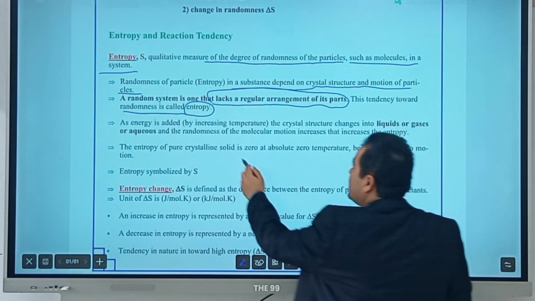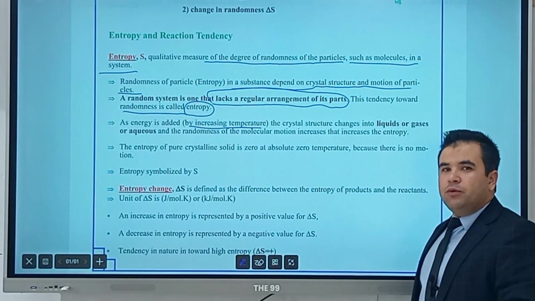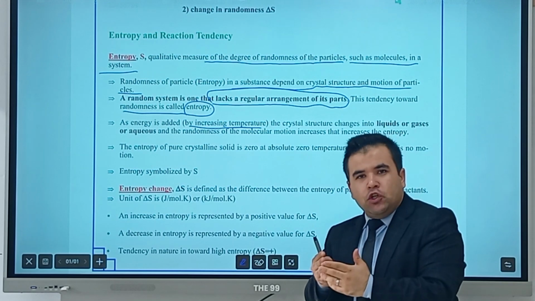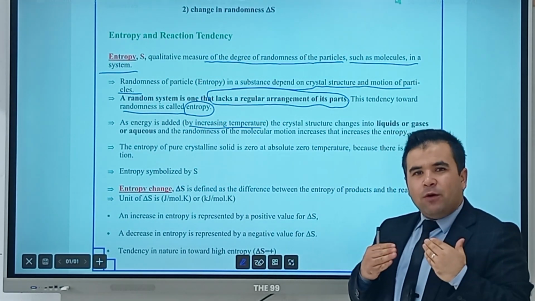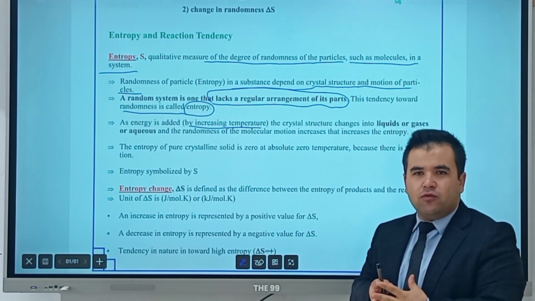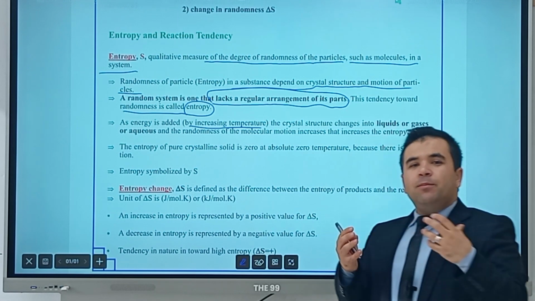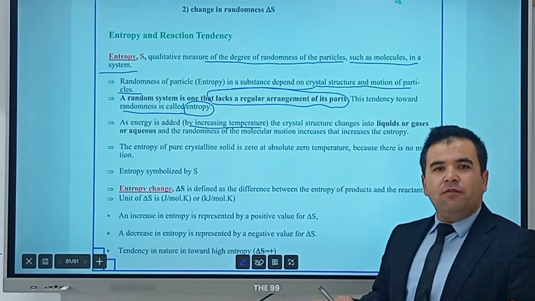As energy is added by increasing temperature, guys, what will happen to the degree of randomness? Whenever we add energy or heat to a system, it increases the kinetic energy of the particles. And the kinetic energy lets the particles move much more rapidly than before.